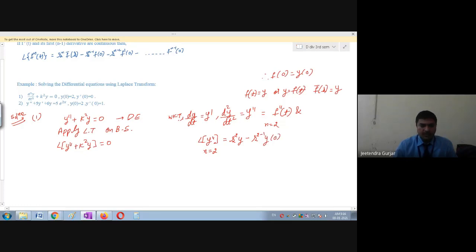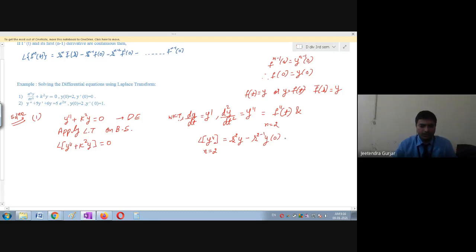Is it clear? Then you can see n minus 2 is 0, so this term doesn't exist. We'll go directly to the last term. This is f of n minus 1 of 0, which I can take as y of n minus 1 of 0. So you can see how I am writing the function in terms of y.